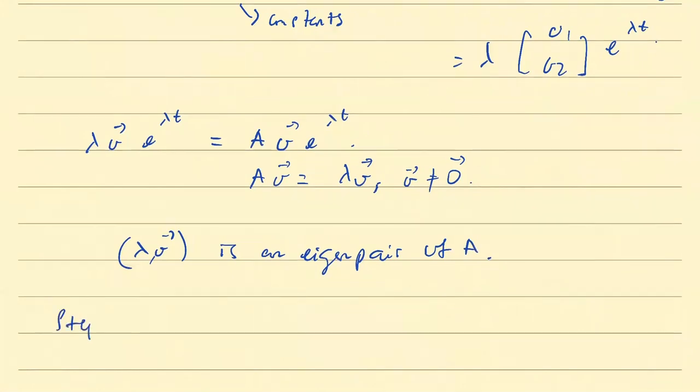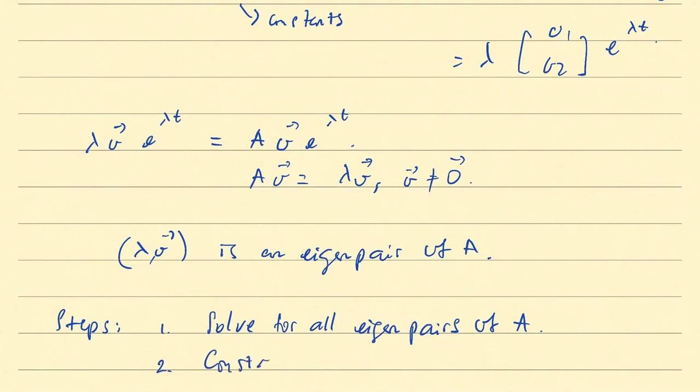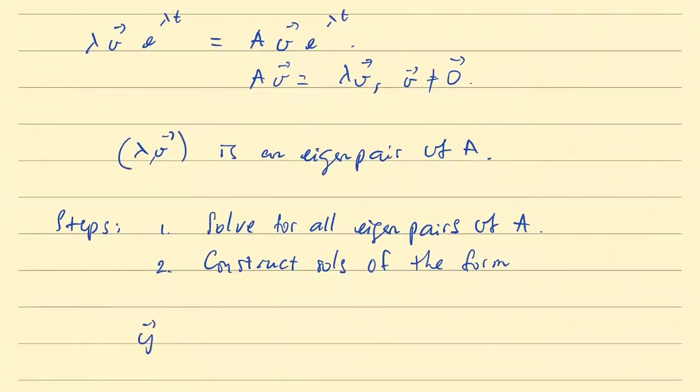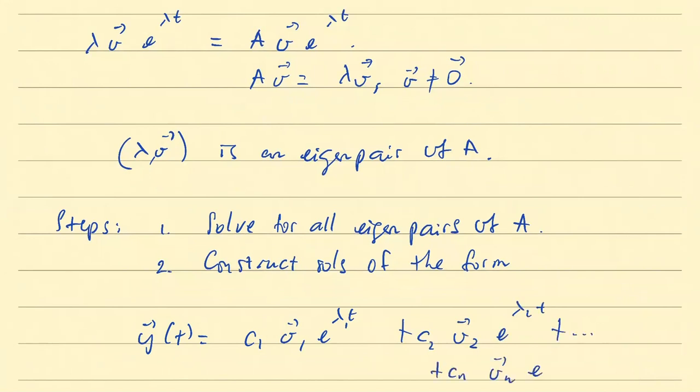The steps are like this in general. Step 1, solve for all eigenpairs of A. Step 2, construct solutions of the form y = C1 V1 e^(lambda1 t) + C2 V2 e^(lambda2 t) all the way to Cn Vn e^(lambda n t), like that.